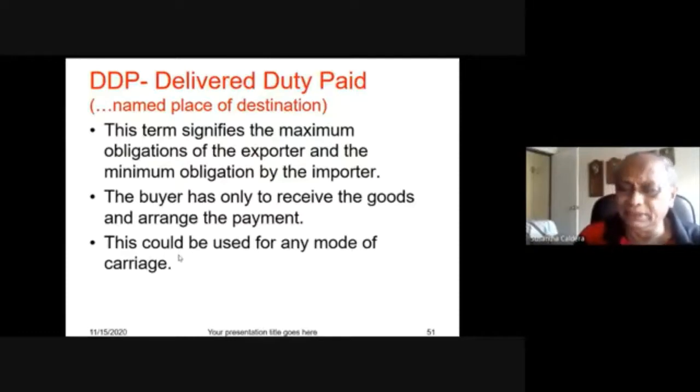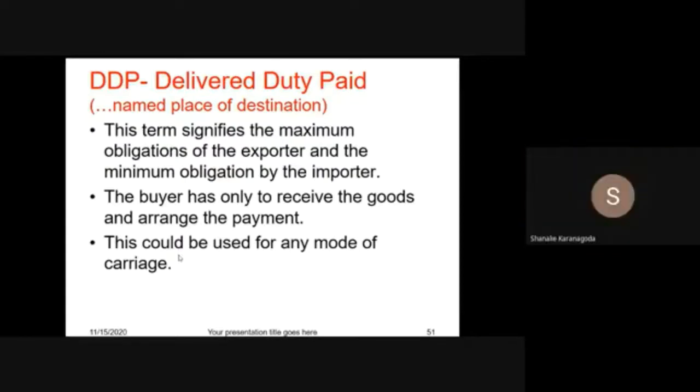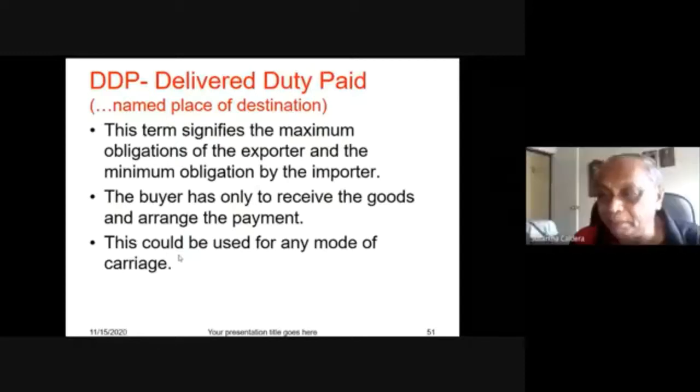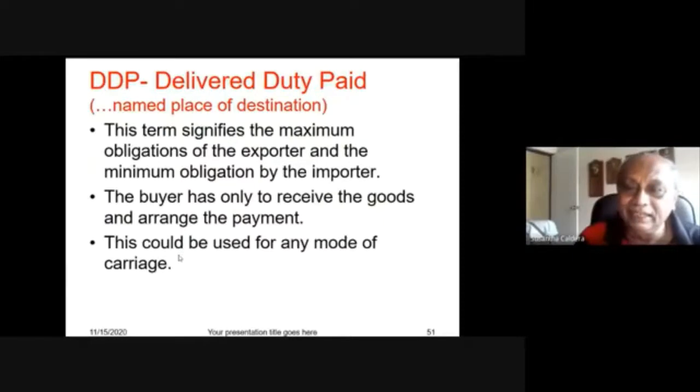All the F terms, capital F. What are the F terms? FCA, FAS, FOB. All the F terms plus EXW. EXW obviously should be origin.